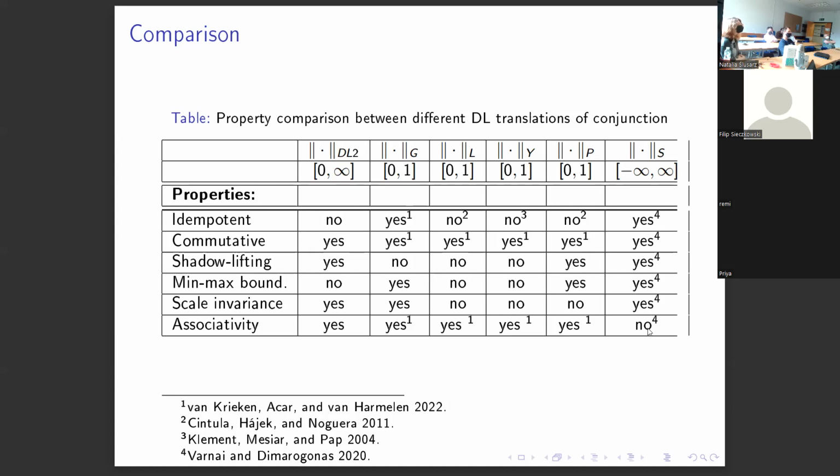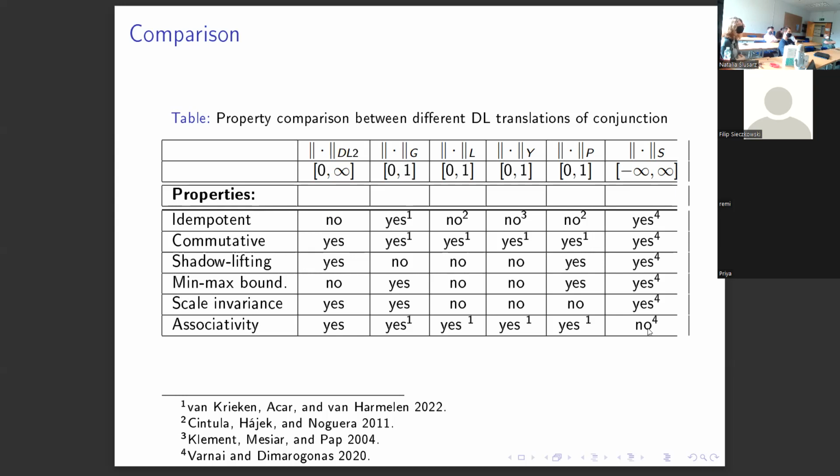But with shadowlifting, we'd like the value for this to be larger, because the value of the individual conjuncts is larger than this one. So this is more of an example, just to quickly illustrate it.